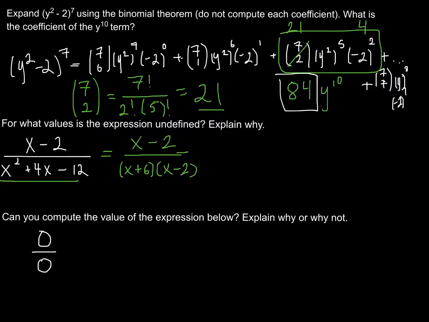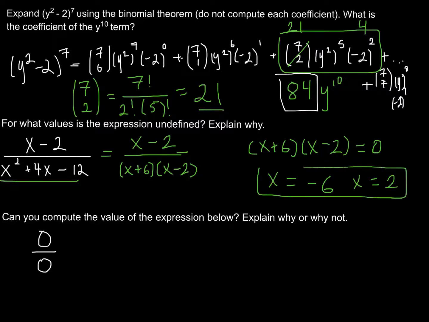So my question becomes, well, what will make x plus 6 times x minus 2 equal 0? And the values that you end up with are going to be x equals negative 6 and x equals positive 2. And then I want you to go ahead and on your own explain why those values will make this expression undefined. Lastly, can you compute this value here?